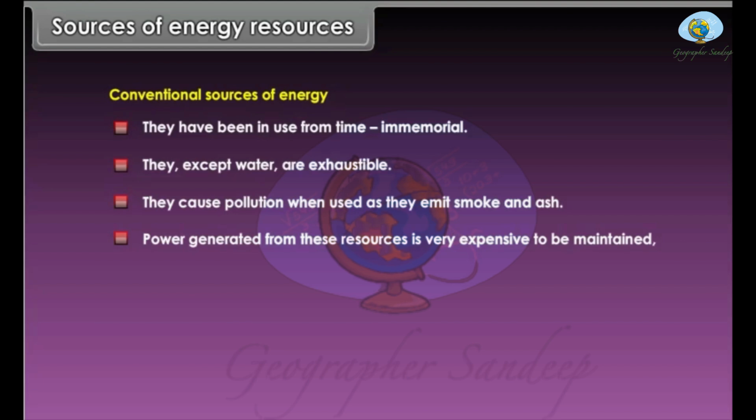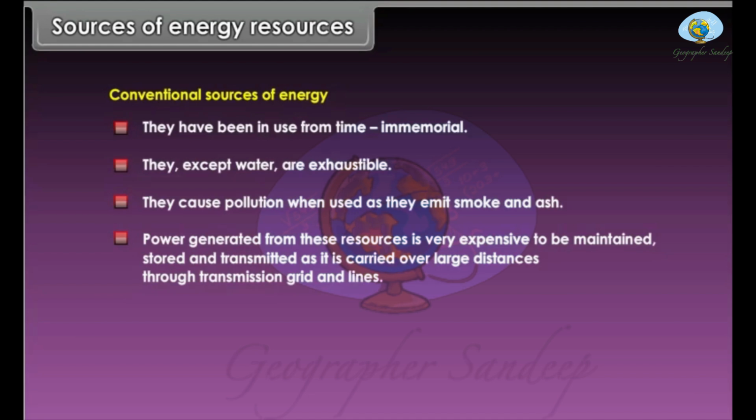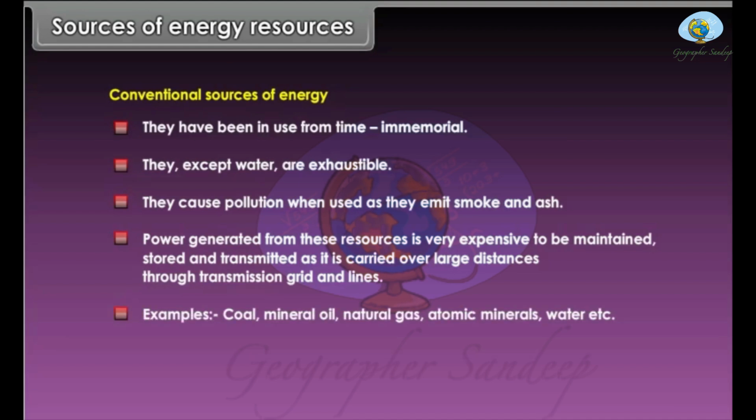Power generated from these resources is very expensive to be maintained, stored and transmitted, as it is carried over large distances through transmission grid and lines. Examples: coal, mineral oil, natural gas, atomic minerals, water, etc.